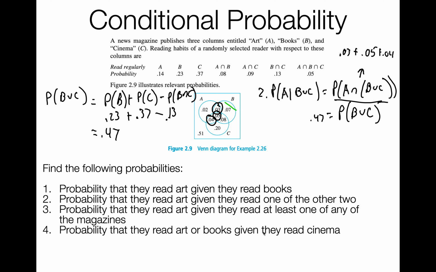When you add those, you get 0.12. And so the answer is 0.12 divided by 0.47, and it turns out to be 0.225. The first one was 0.348, so if we keep track, it's 0.348, and then number 2 is 0.225.